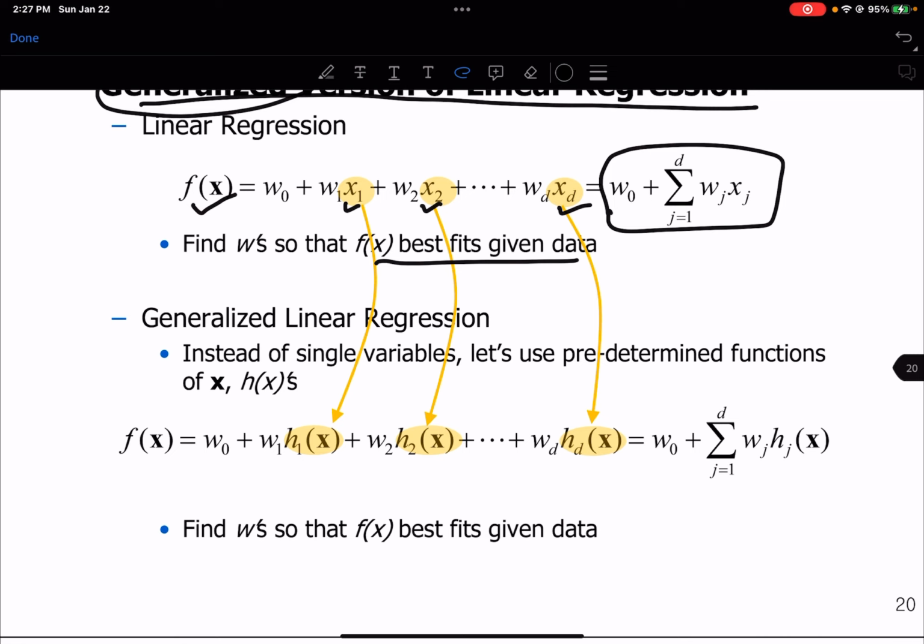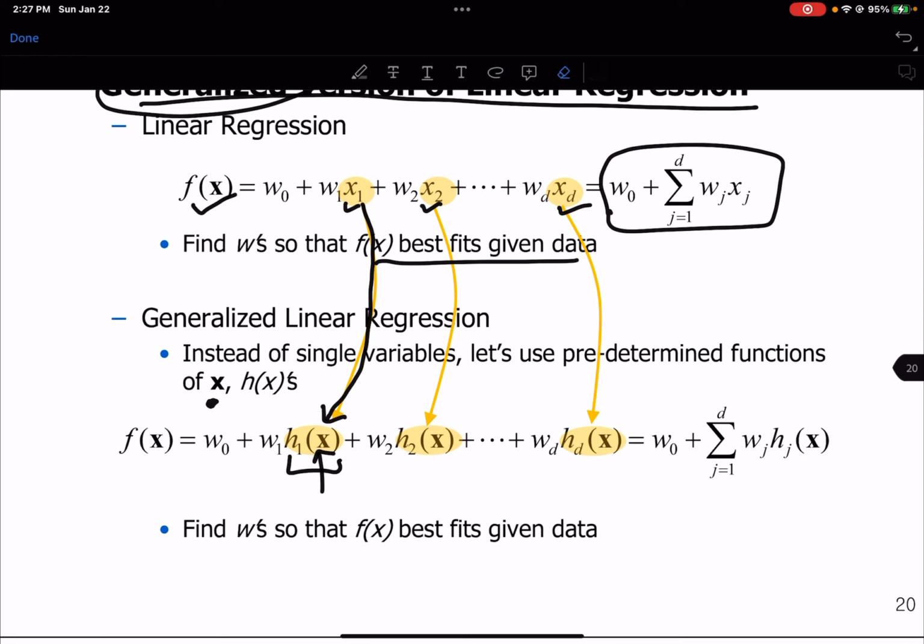So how do we generalize this? We replace your variable x with a predetermined function. Instead of x, a variable, we can have a function of x. This function performs some transformation on your x variable to give you a representation of your data.